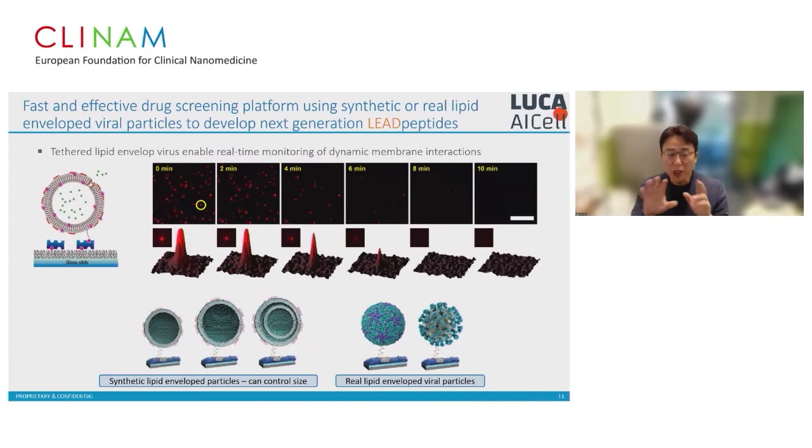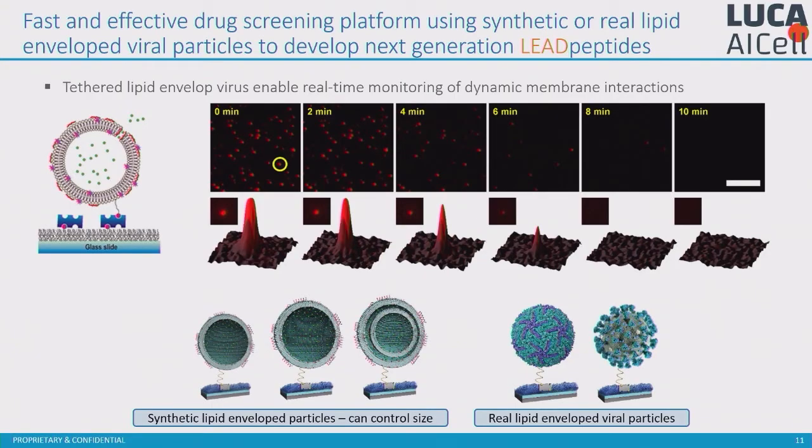So what we did is engineer the liposome, an artificial liposome, or an actual inactivated enveloped virus, and then we fluorescence-labeled it, as in this schematic. We can use it for small vesicle controls, big vesicles, or even the real lipid envelope from the viral particle.